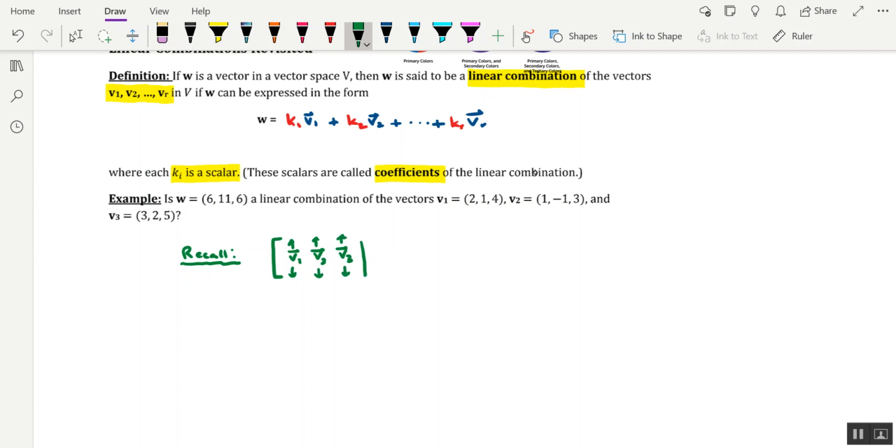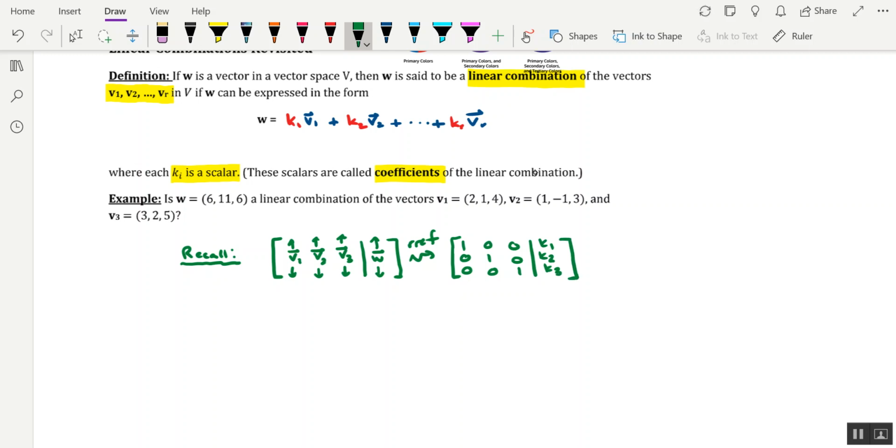And this will get augmented with the components of the vector w. And then we RREF this matrix. And hopefully what we get is the identity on the left-hand side, that is the 3x3 identity. And if we do, then we'll have specific values of the scalars k1, k2, and k3 in this situation. So what you would see on the right of the augment bar are the values of k1, k2, and k3.